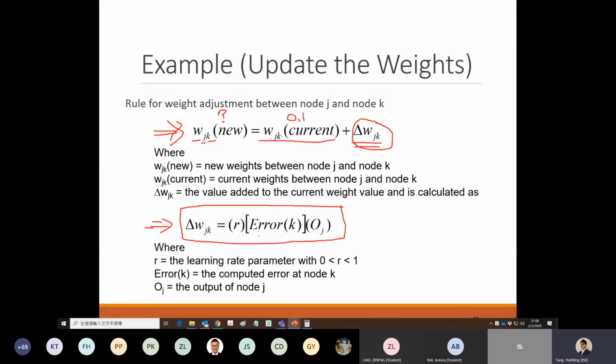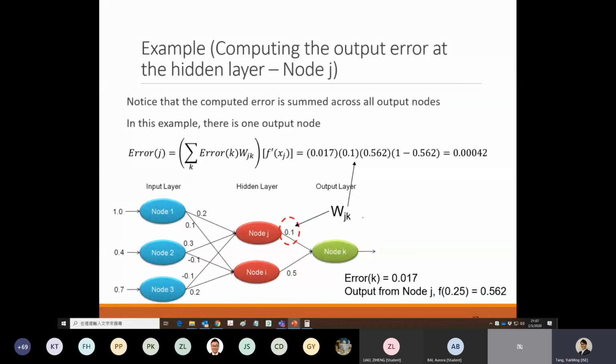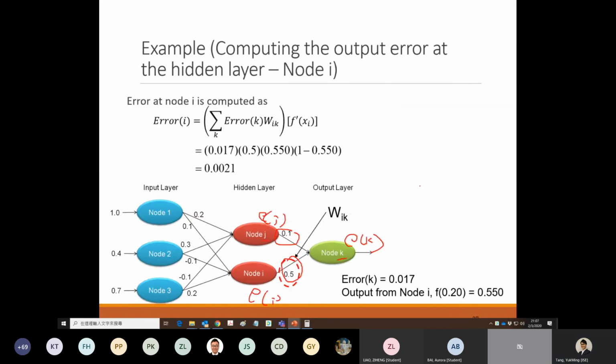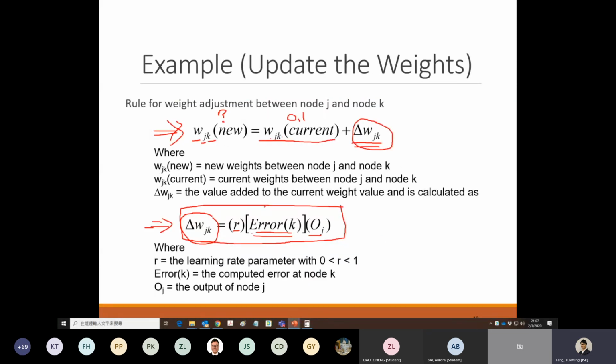Okay, so let's look at this equation. This is the error, and this one is the delta Wjk. In order to calculate the updated weight for loop JK, we use 0.1 plus delta Wjk. The delta Wjk is equal to R times error K times Oj. What is the error K? We just calculated that error K is equal to 0.017.